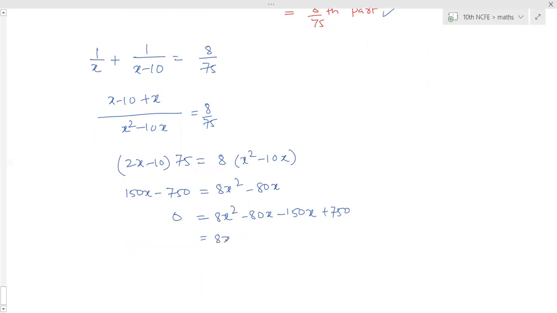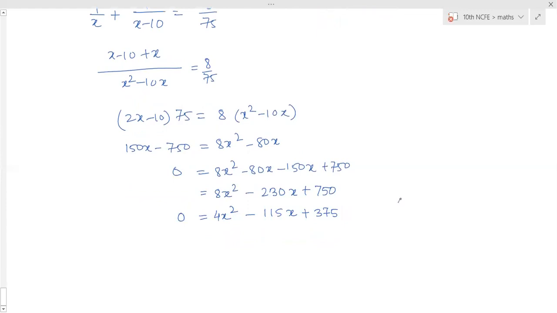So it is 0 is equal to 8x square minus 80x minus 150x plus 750. So this is 8x square minus 230x plus 750. Fully divided by 2, is it possible? Yes, it is 2. So 4x square minus 115x plus 375. Now we have to factorize it. So 4 into 375 is the product needed. 4 into 375 is 15 into 25.